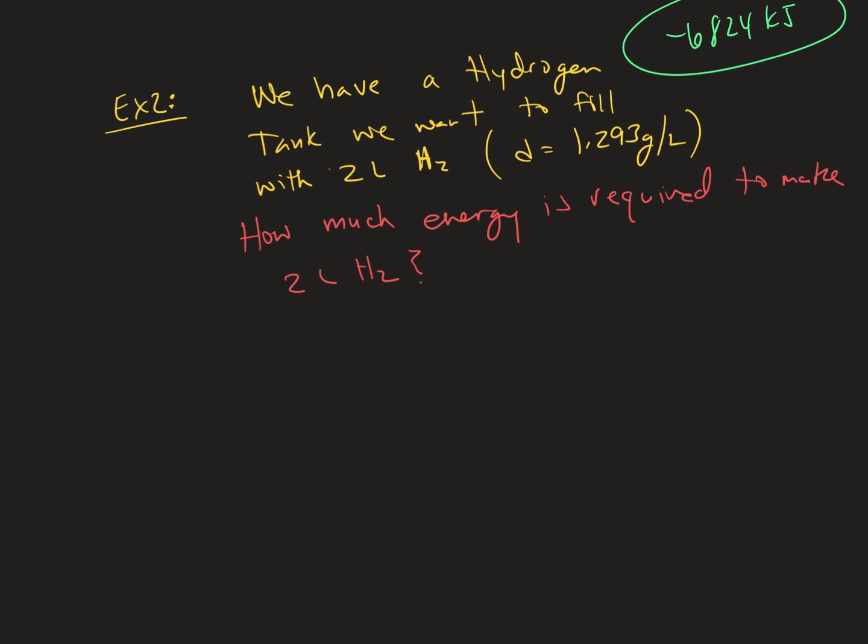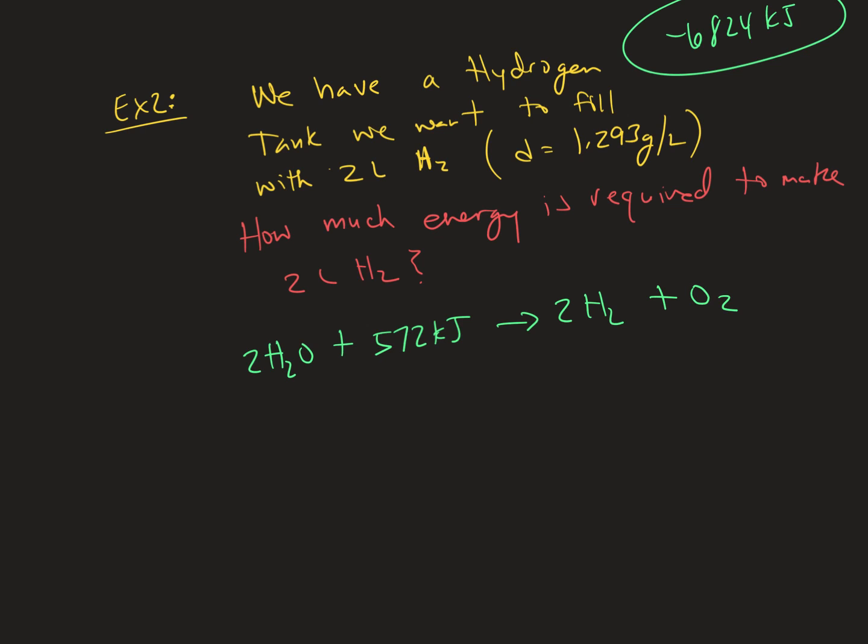And what else do I need to give you? An equation, right? We have to have an equation. So 2H2O plus 572 kilojoules gives us 2H2 plus O2. What kind of reaction is this?